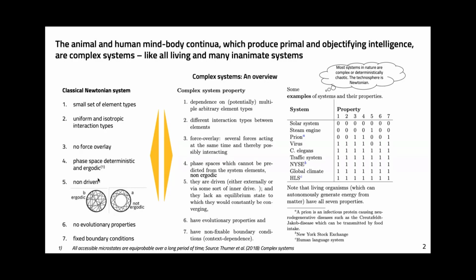For example, a steam engine has a driven aspect because all the time, while it's running, energy is entering into the steam engine by the burning of the coals, and then it's being dissipated. And in Newtonian systems, that's not the case.